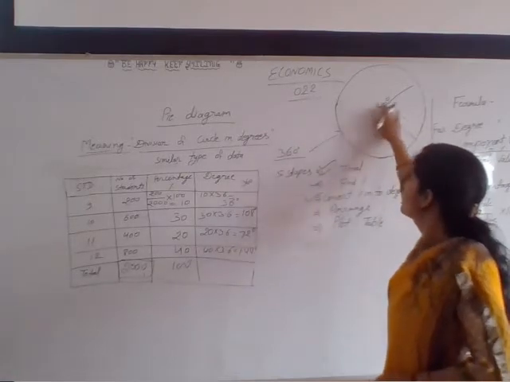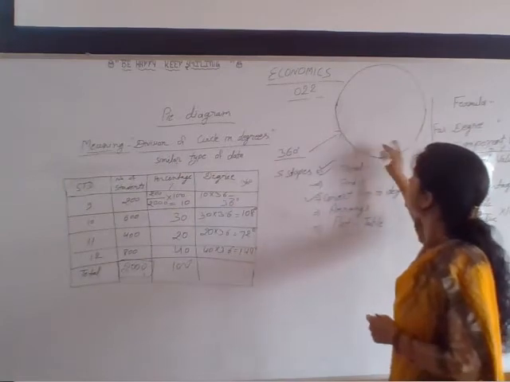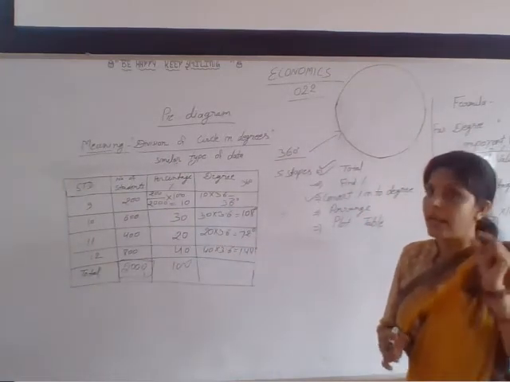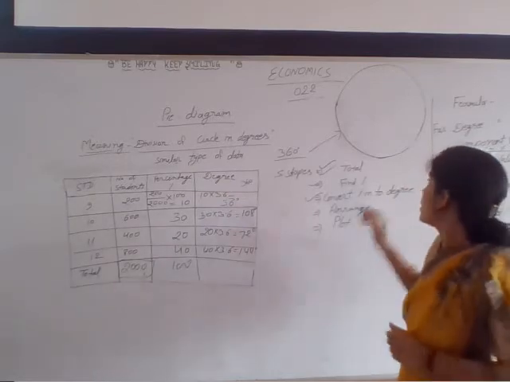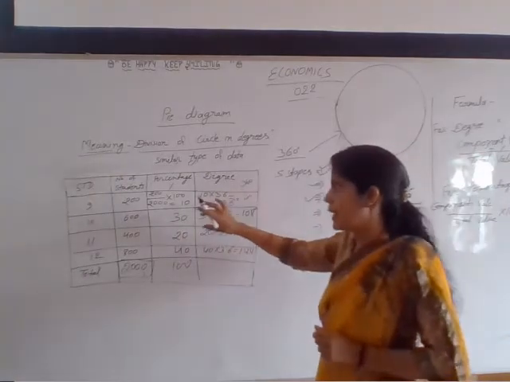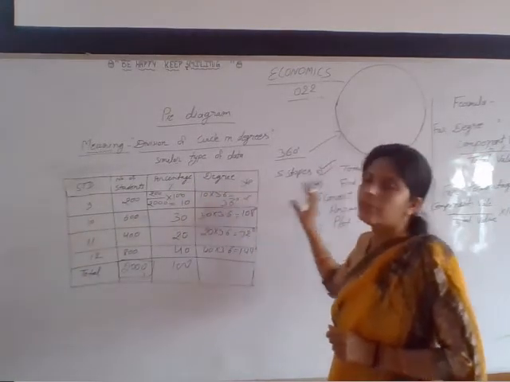It is very difficult. If we want to measure 10%, where will we measure? Here or there? Obviously, we cannot measure the exact value. But if we have converted the same data into degree, then it will be easy.